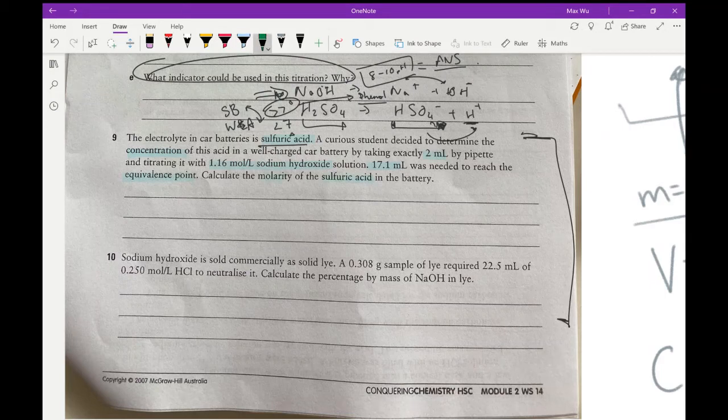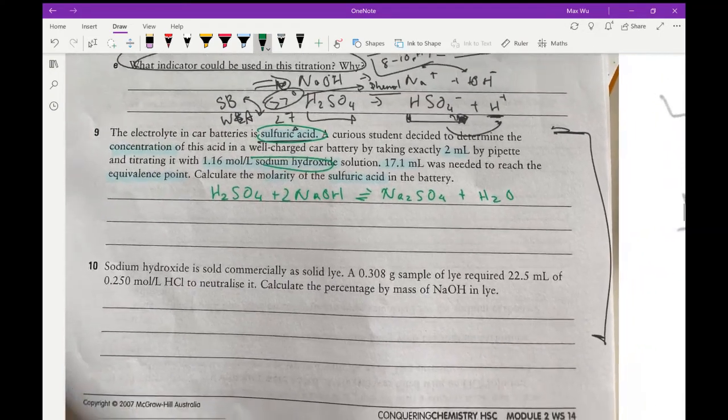So what we want is sulfuric acid reacting with sodium hydroxide. Same again, H2SO4 plus 2 NaOH would react to make Na2SO4 plus H2O. Great. And we know that is balanced because we did that just then. Once again, how would we do this?